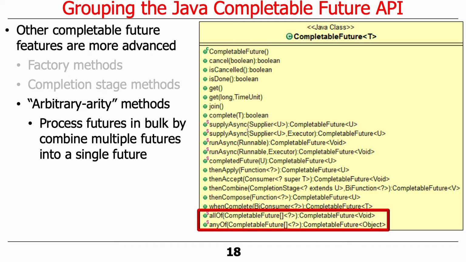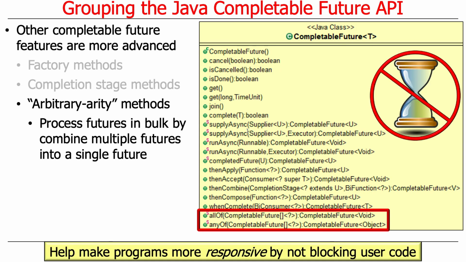And when you call these methods, they give you back a single completable future that's triggered either when all of the other completable futures are done, that's AllOf, or the first is done, that's AnyOf. So those are the 2 different variants of that.